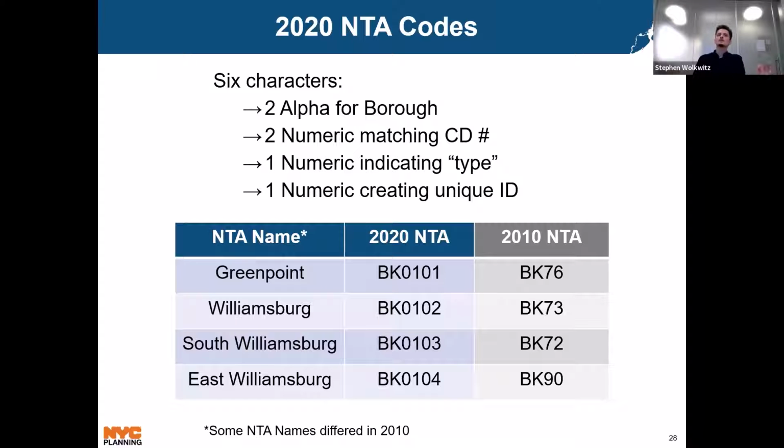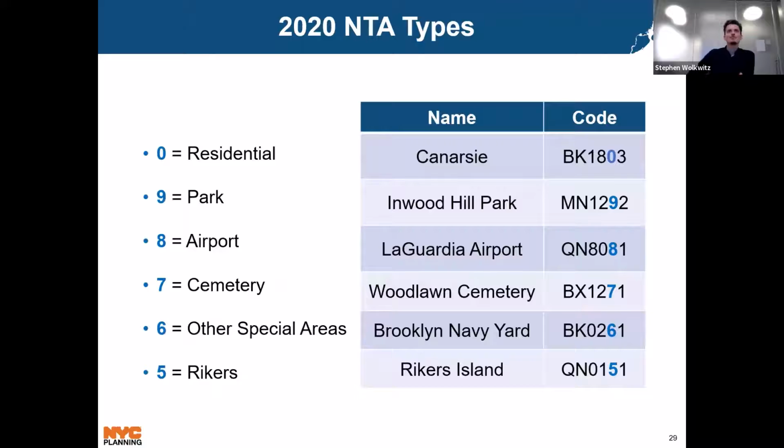Nothing would really tell you that East Williamsburg BK90 was in any way associated with BK73. So now you know that this group of NTAs is a part of the same CD, and you no longer need a lookup table for your NTAs if you want to know where they are as far as the CD. You just have to cut off the last 2 digits, and you've got your CD right there.